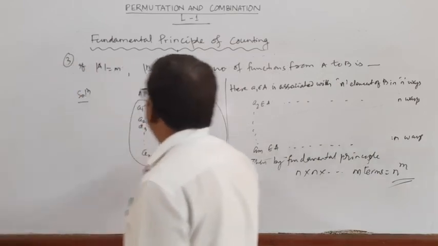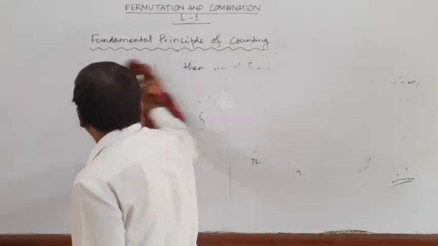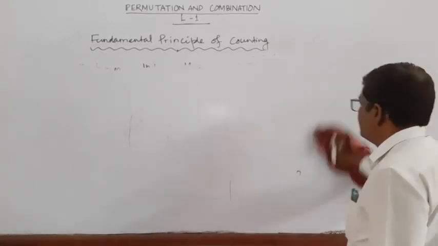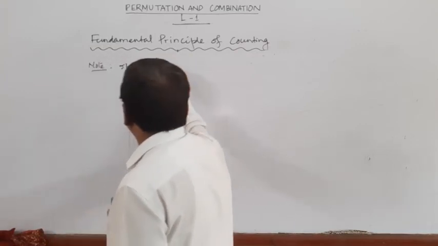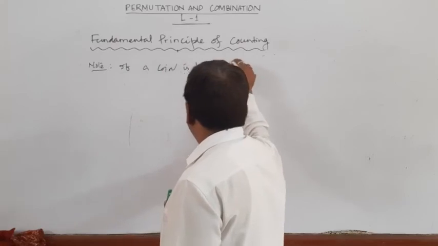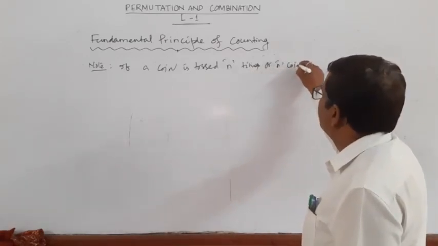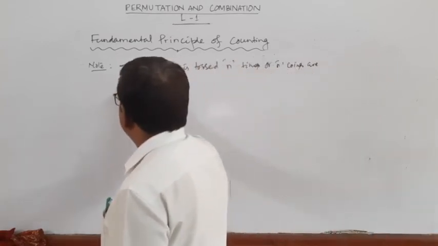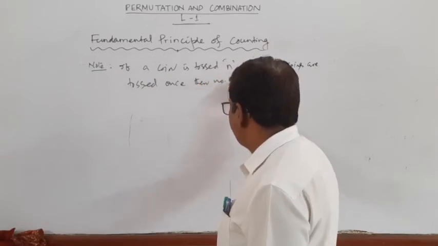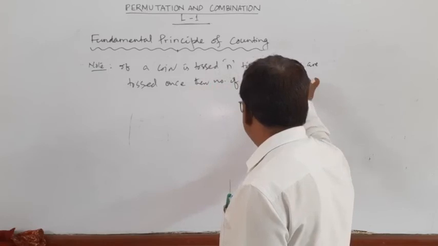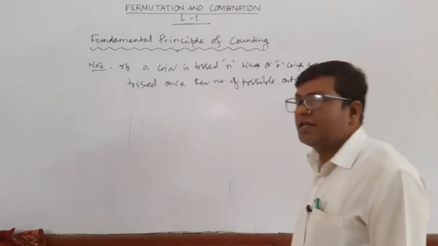Now note: if a coin is tossed n times, or n coins are tossed once, then the total number of possible outcomes is 2 to the power n, because there are two options for a coin, head or tail.